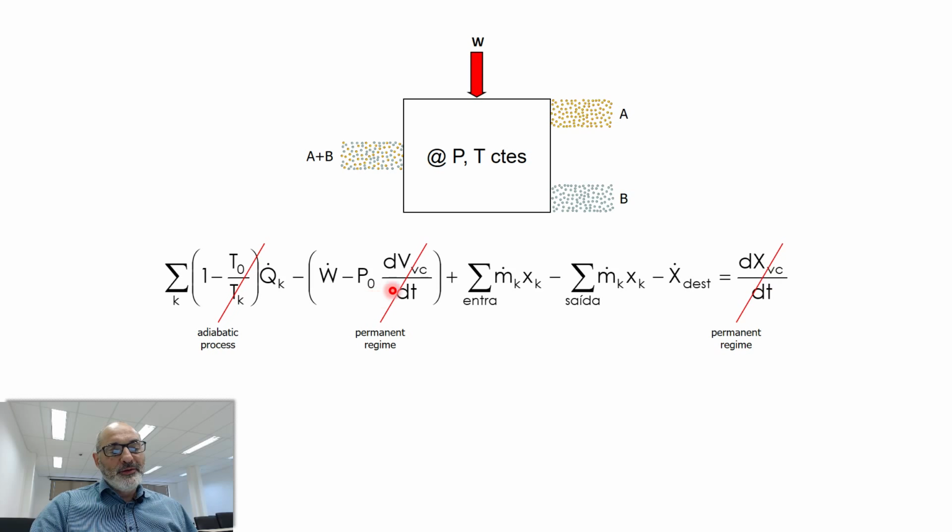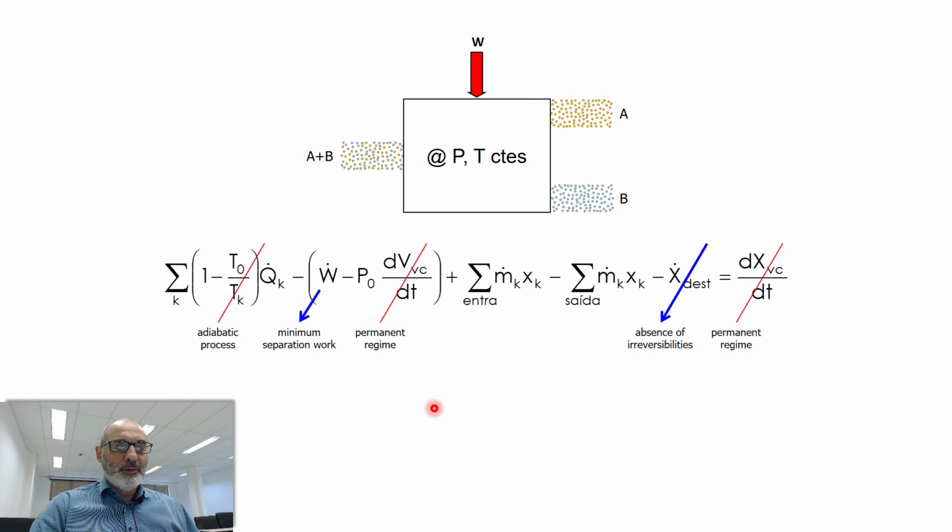This is zero for 2 reasons. Well, it's permanent regime, but also let's assume that the frontier here is undeformed, it's rigid, so this term is zero, okay? Okay, so no heat transfer and permanent regime.